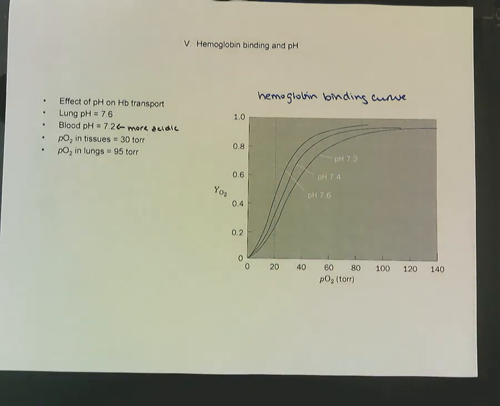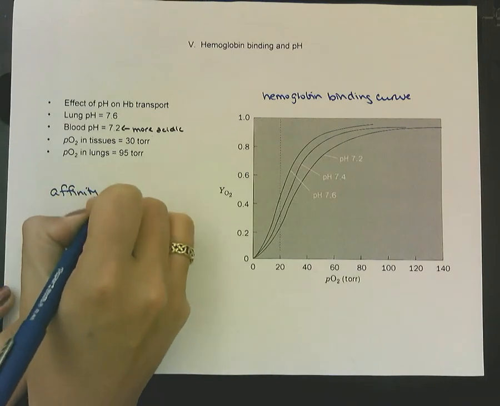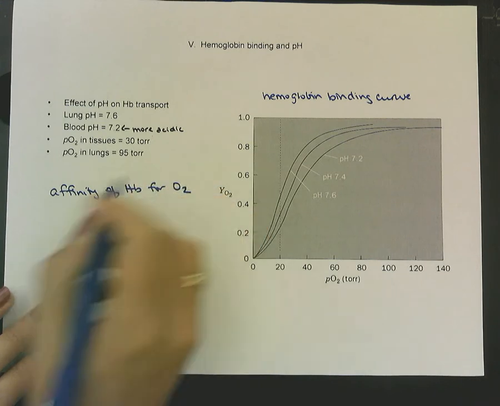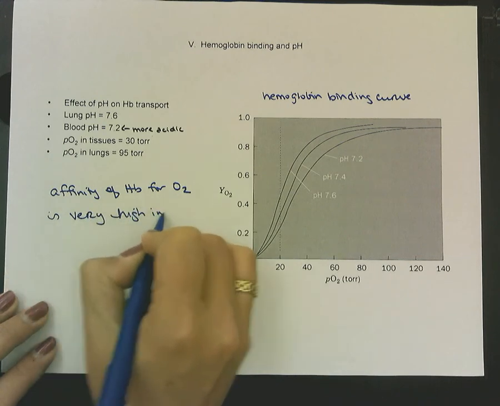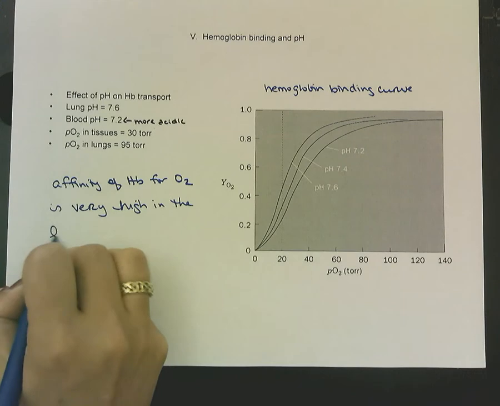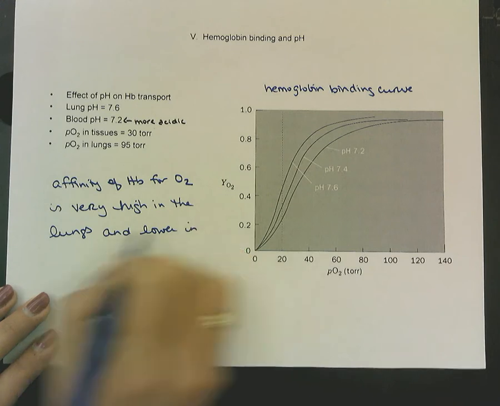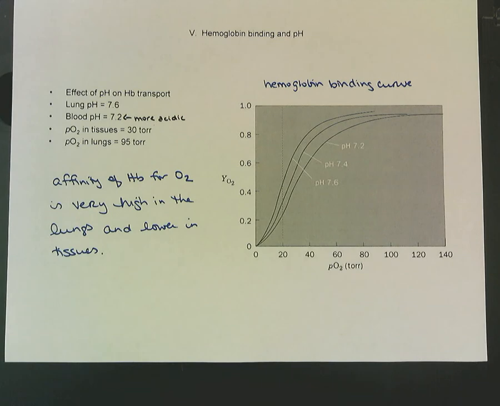So the affinity of hemoglobin for oxygen, like we looked at in that previous picture, just restating what we all agreed to, is higher in the lungs and lower in the tissue based on its partial oxygen pressure.